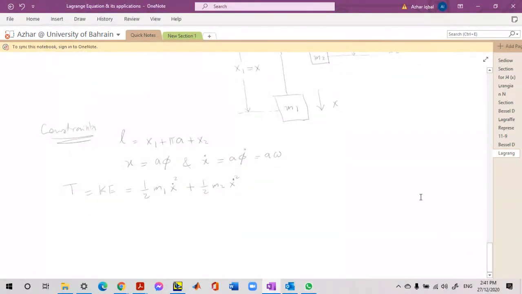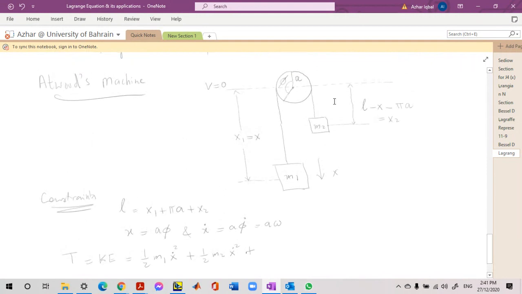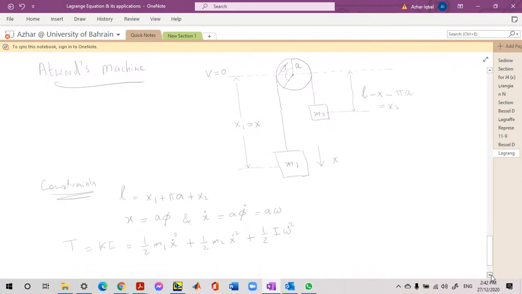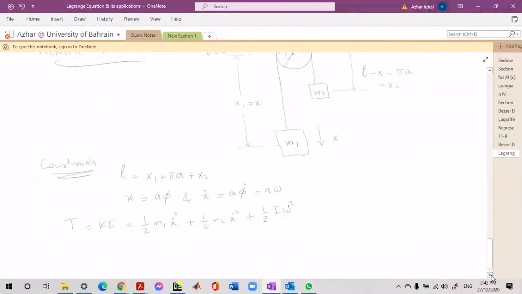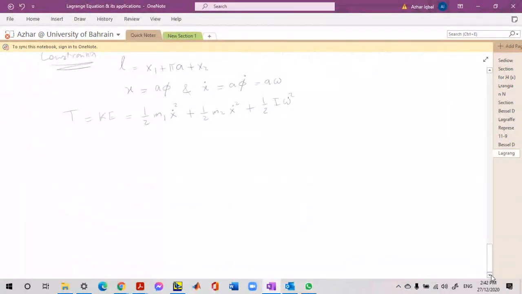Now if you add to that the kinetic energy of the pulley itself, what will that be? We have already looked into that. It is given by half the moment of inertia times omega squared, where I is the moment of inertia of the pulley and omega is the rotational velocity. So this is the total kinetic energy of the Atwood system.